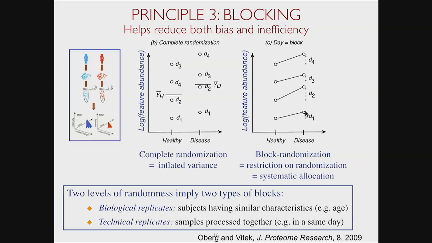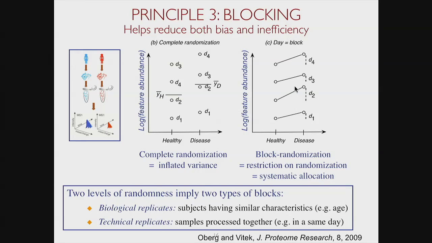And so in this case, if we know that we have a day effect, which really affects peak intensities, what we can do is systematically allocate 1 sample from healthy and 1 from disease on day 1, then 1 other healthy and 1 disease on day 2, on day 3, and day 4. So it's important that every day the samples are selected randomly, right? So we select randomly 1 healthy and 1 disease, but we have exactly 1 from each group on the first day. And we have exactly 1 from each group on the second day, and so on.